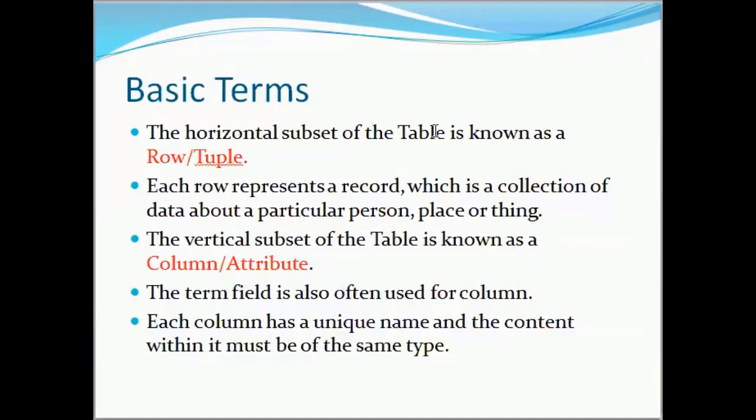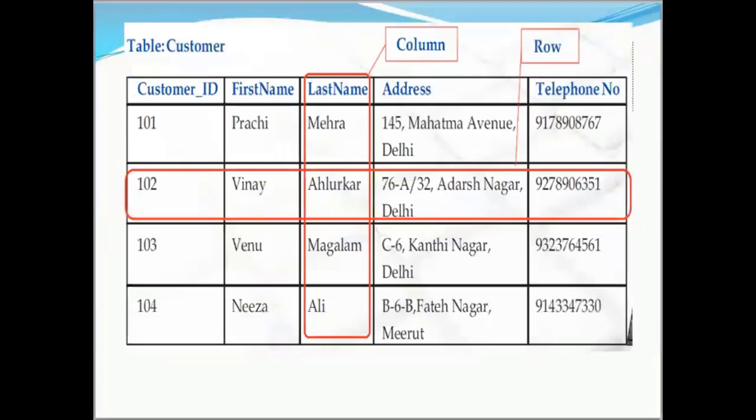Each column has a unique name and the content within must be of the same type. That means you take this customer ID column, all values are numerical values which show the customer ID. When you take telephone number, same, all are telephone numbers only. You don't have another type of data in telephone number.